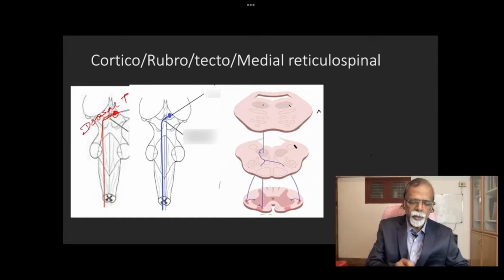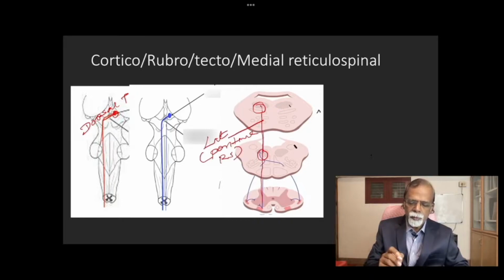And the next tract is the rubrospinal. From the red nuclei, the fibers pass down and cross to the opposite side; that is the rubrospinal pathway. And from the reticular formation in the pons and also from the medulla, pathways are arising. The pathway arising from the pontine reticular formation descends down without crossing.